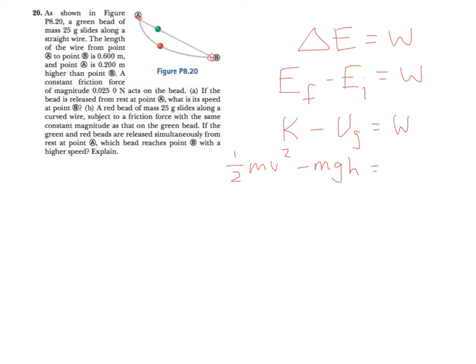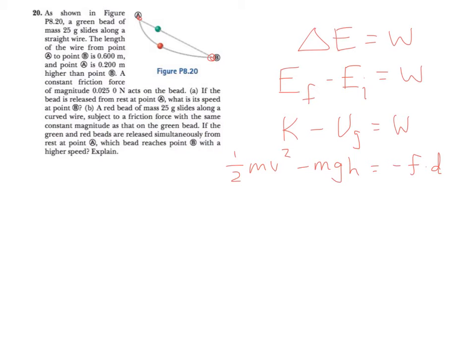Work done by friction: let's go with negative, because it's just about always going to be negative work done by friction. Don't forget that negative sign, by the way. I'm writing it every time, but you need to be cognizant of it and understand why it's there, because if you forget it, you get all kinds of bad answers. All right, so negative, force times distance.